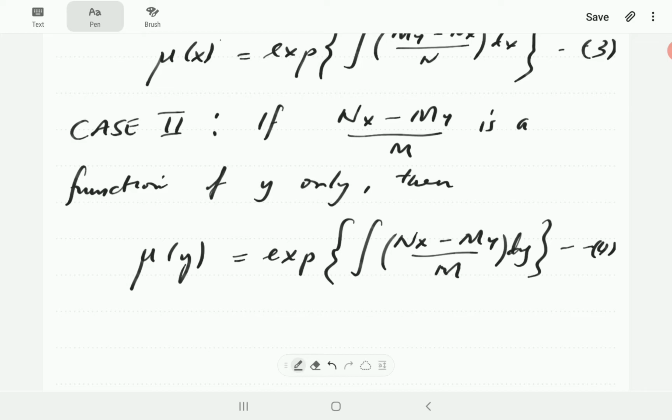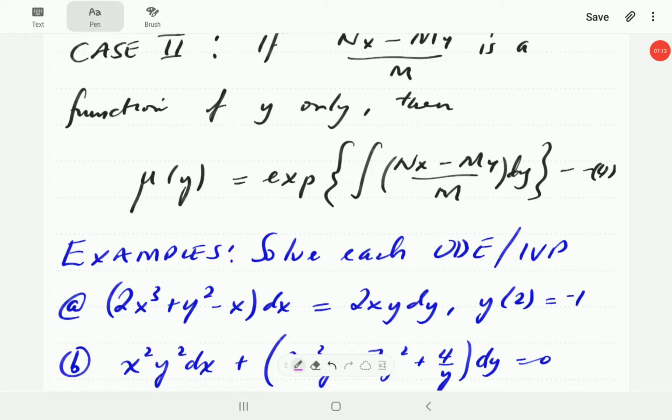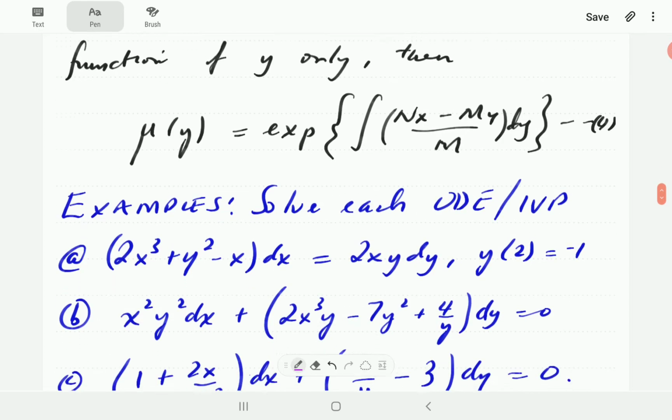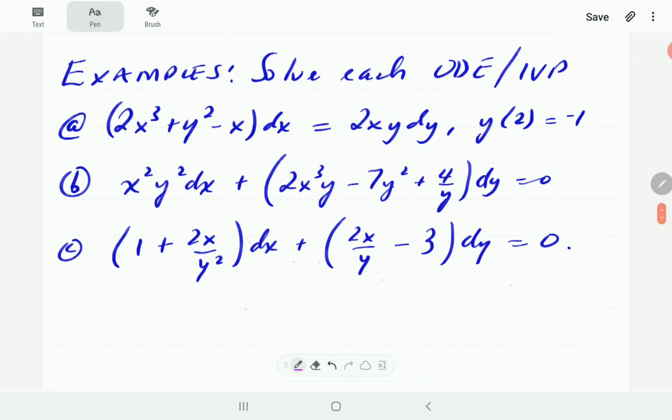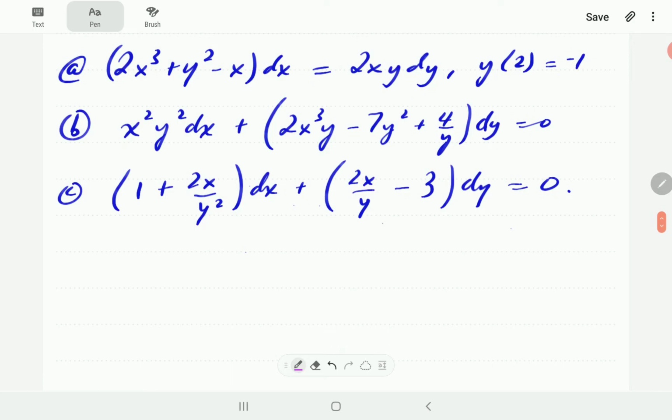All right, so let's look at some examples now of how this works out. Here are some examples. We're going to want to solve each of these 3 ODEs. The first one has got an initial condition, so that's the IVP. The other two we just find the general solution. So let's get on with the first one.